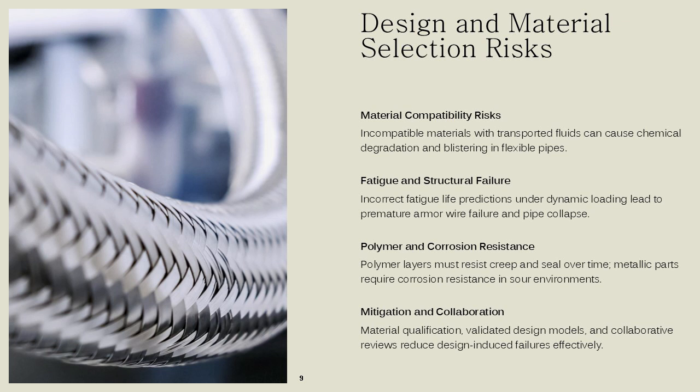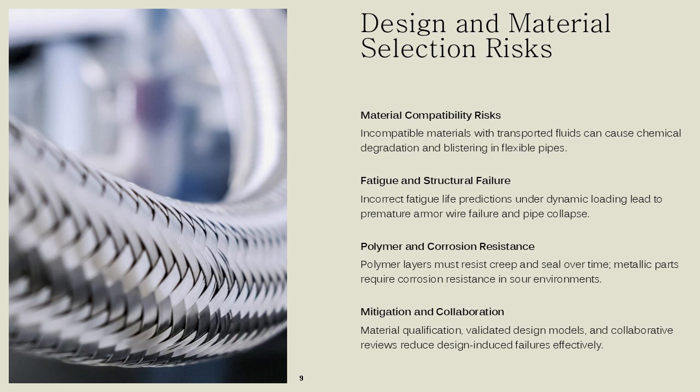Inadequate safety margins for pressure and temperature extremes may cause collapse or burst events. Polymer layers must resist creep and maintain sealing capacity over time, while metallic components require corrosion resistance in sour service environments. Failure to account for these factors during design can propagate systemic vulnerabilities that are difficult to rectify later.